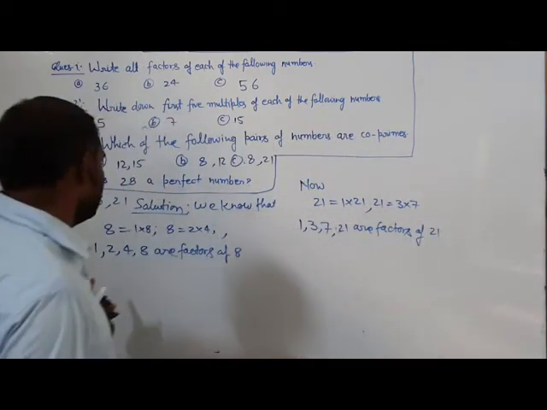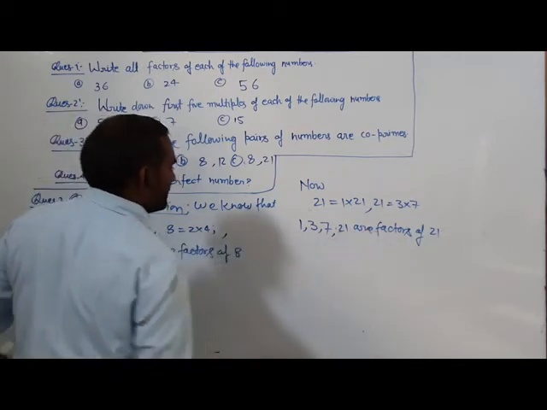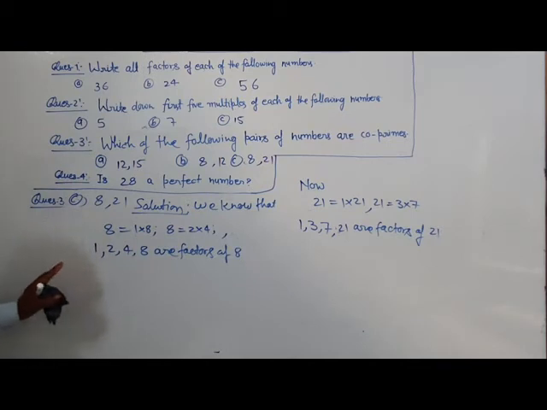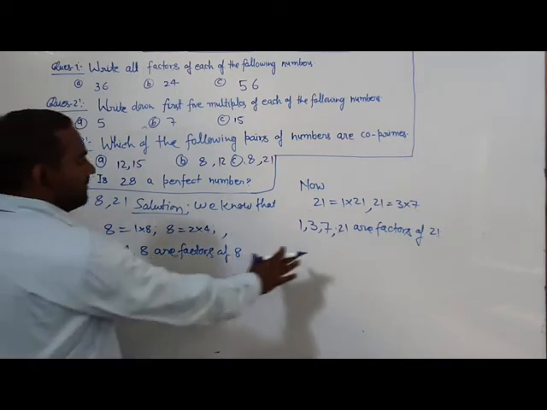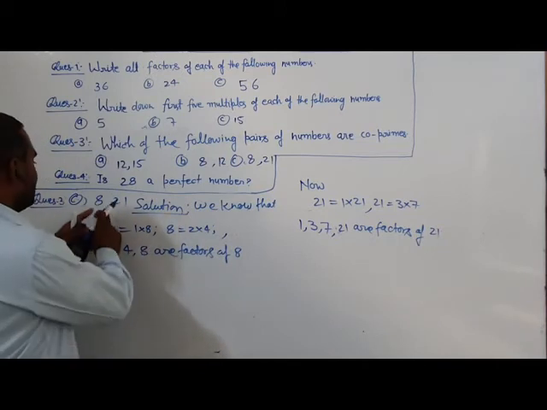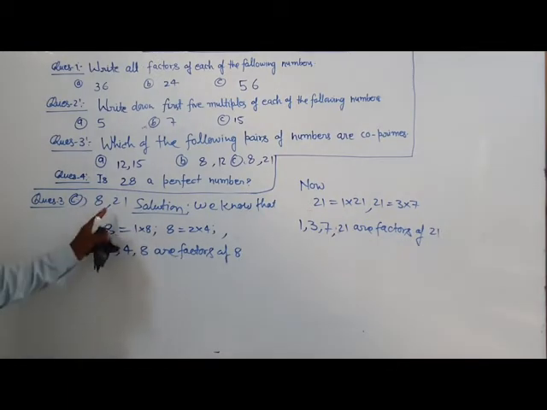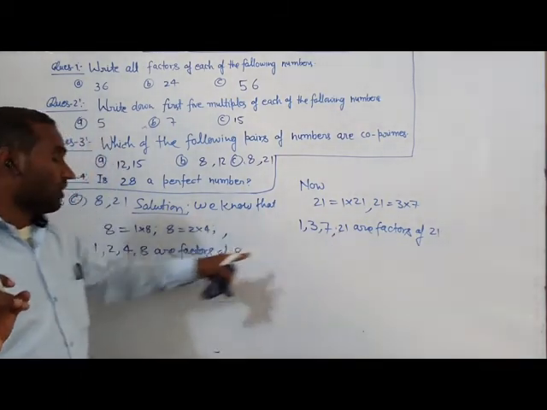But here we see that 1, 2, 4, 8 and 1, 3, 7, 21, there is no common factor. There is no common factor between the factors of 8 and 21 other than 1. 1 को छोड़कर 8 और 21 का कोई फैक्टर कॉमन नहीं है.